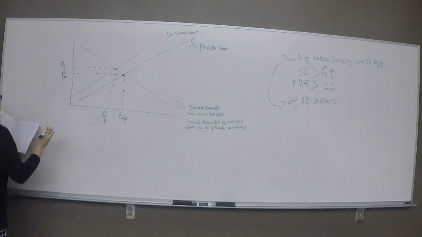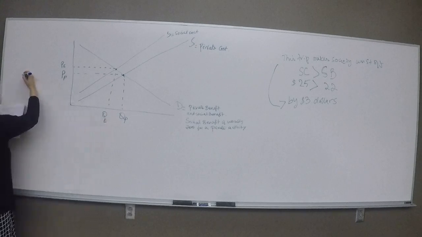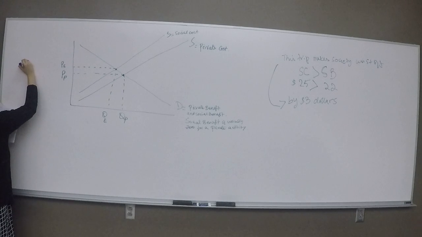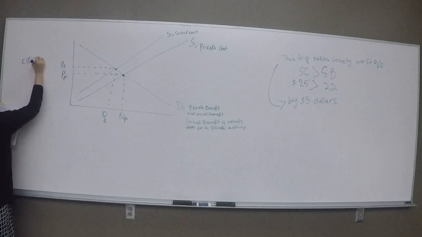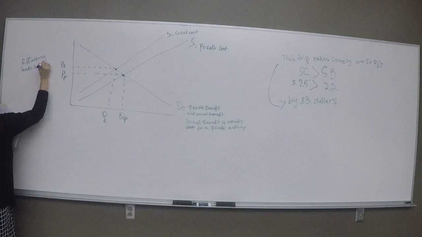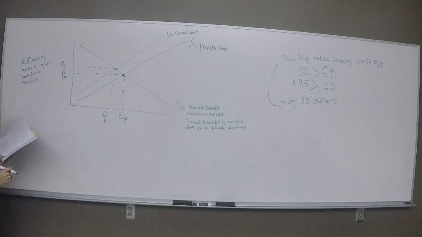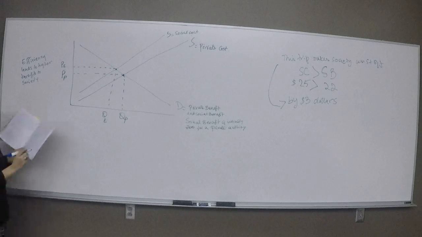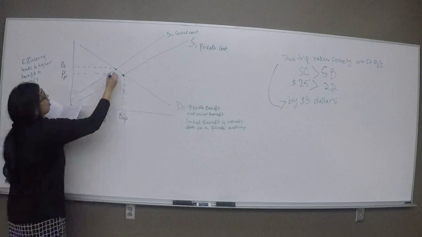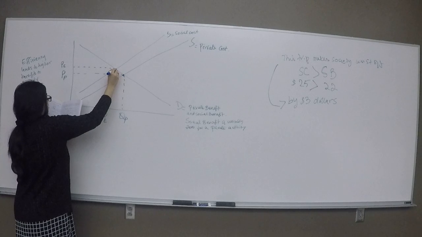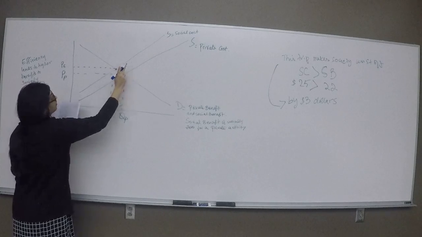E for efficiency. So efficiency leads to the highest benefits to society. Basically, what this is saying is that beyond this point, we are worse off.